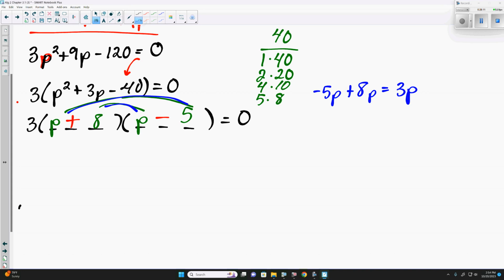Now again, the constant term is kind of done. We don't need to use it anymore because to solve it, our two things being multiplied together are p plus 8 and p minus 5.